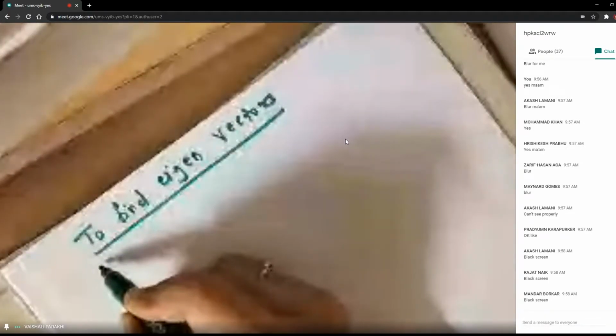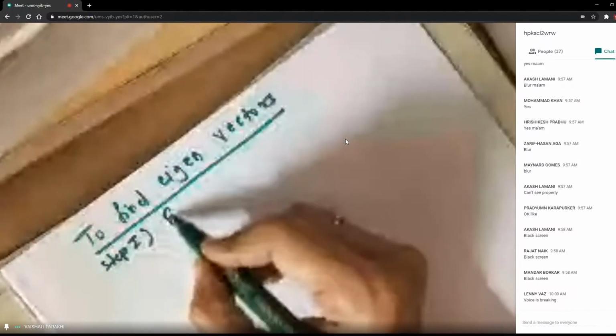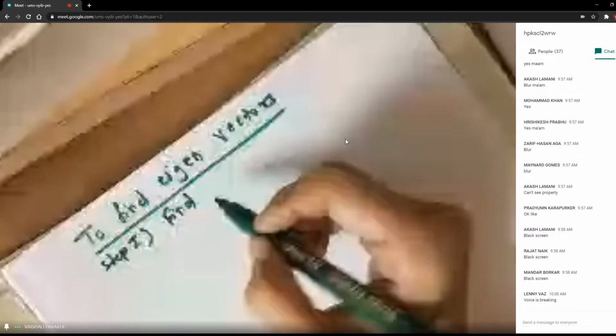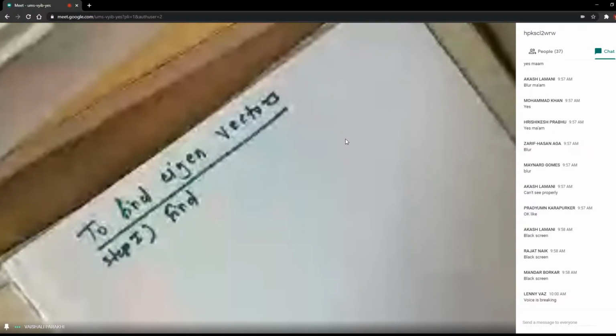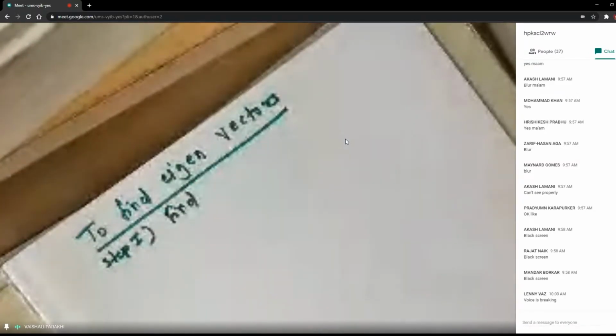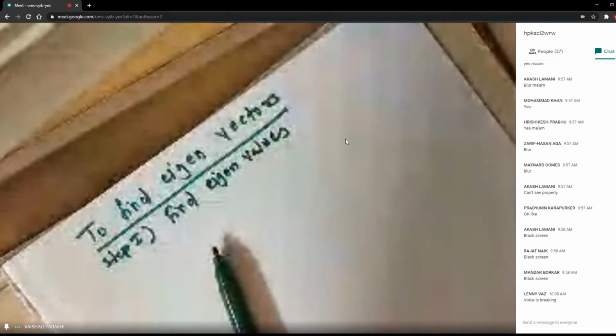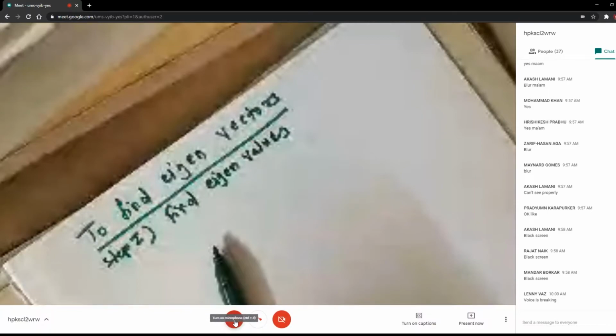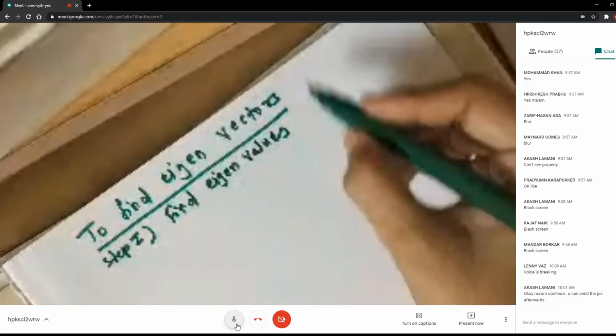First step is find eigenvalues. Find eigenvalues.